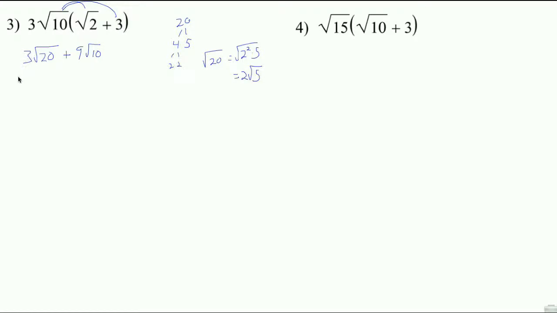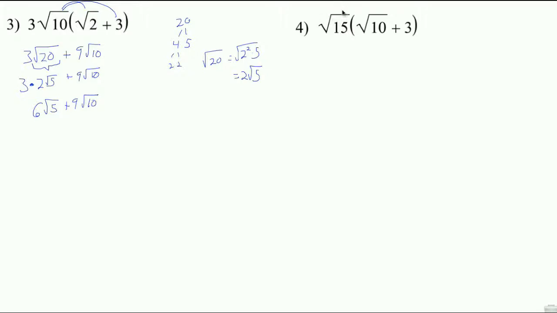And so over here we have 3 times the square root of 20, which we found was 2 root 5. So we're replacing this with 2 root 5 plus 9 root 10. 3 times 2 is 6, so 6 root 5 plus 9 root 10. And that's the answer for number 3.